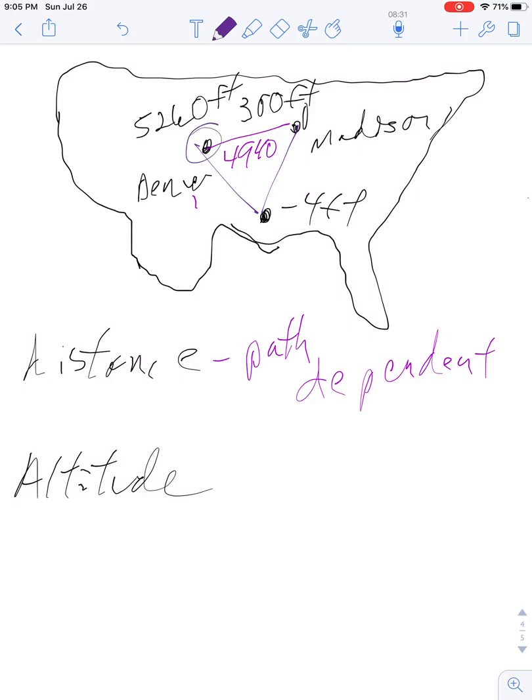I end up at 5,260 feet. I started at 300 feet. So the fact that I went to minus 4 first and then went up, my change in altitude is still the same. I started at 300, I ended at 5,260, so my change in altitude is still 4,940. So altitude is path independent.